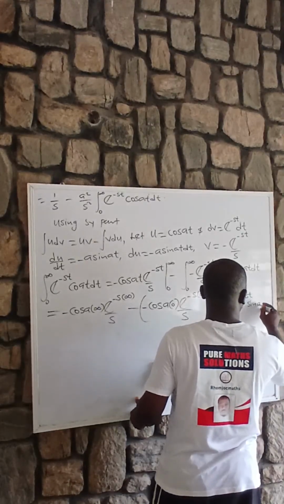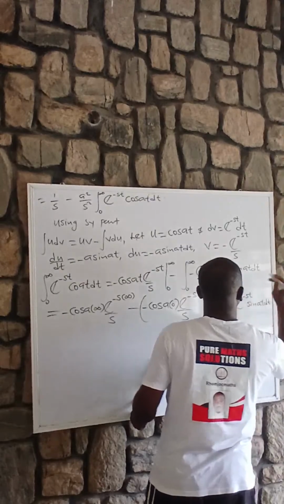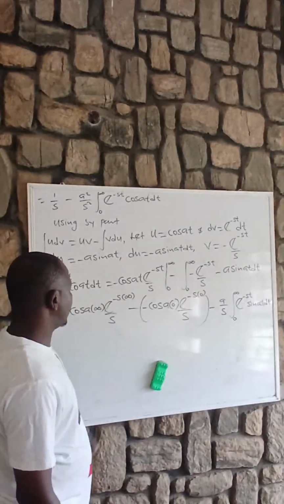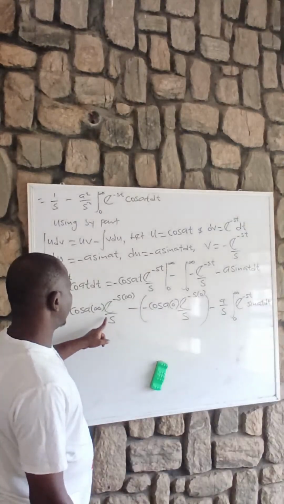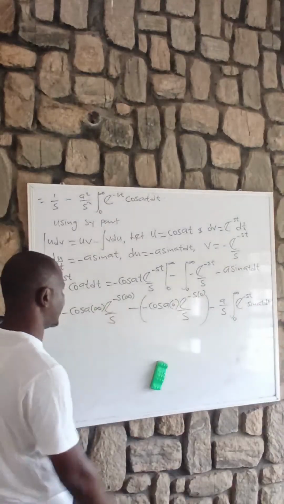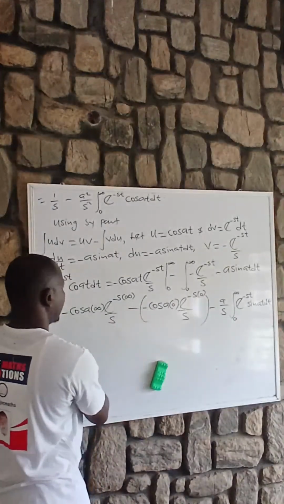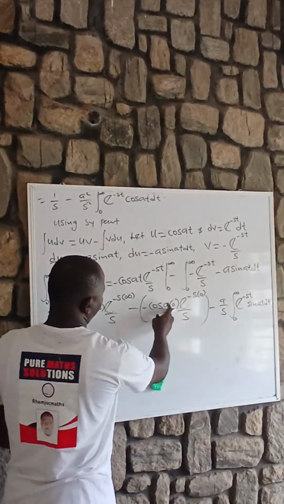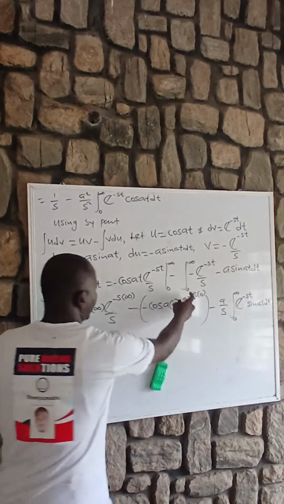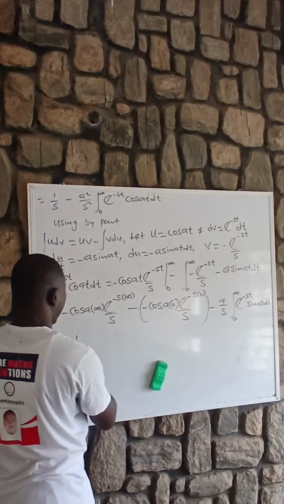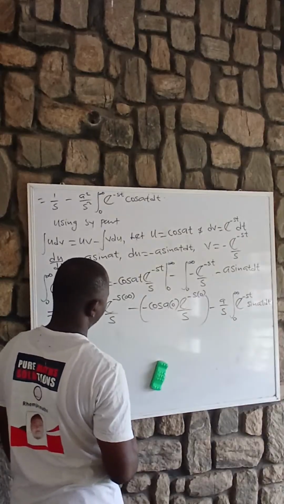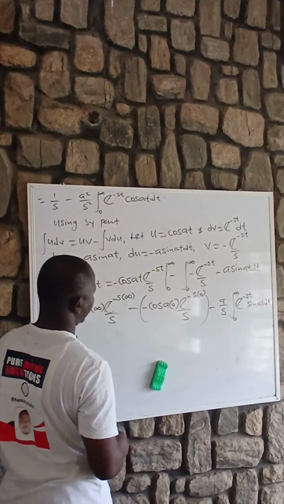Without loss of generality, you can see that this part is automatically 0 because of infinity, and this one will be plus, then cos 0, which is 1, so here will be 1 all over s, true or false? It's true, right?